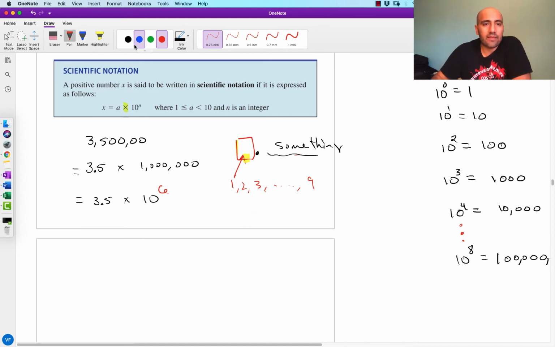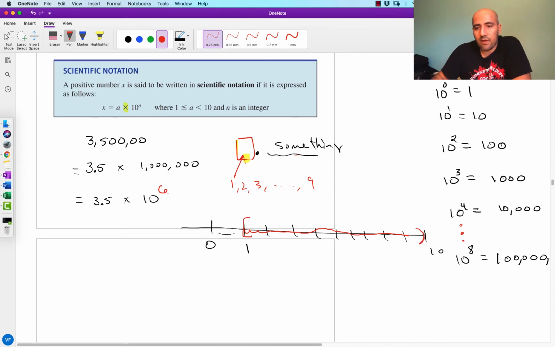Another way of thinking about that is on the number line. Here is the number line, here is 0, here is 1, that's 2, that's 3, that's 4, that's 5, 7, 8, 9, like this. Here's 10. We're requiring that value a to be either 1 all the way up to, but not including 10.